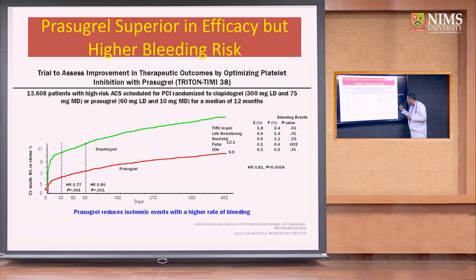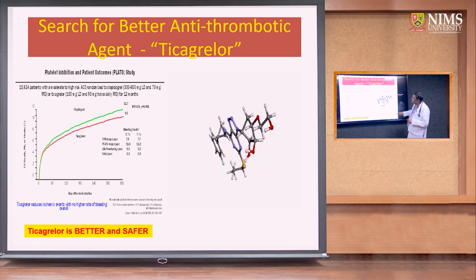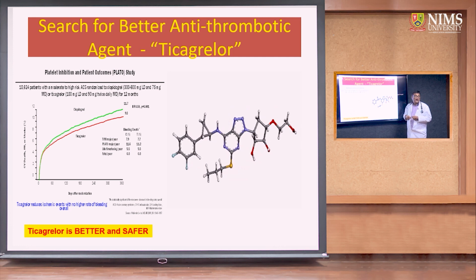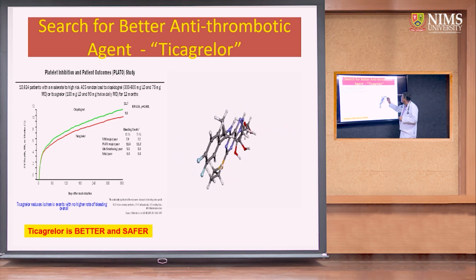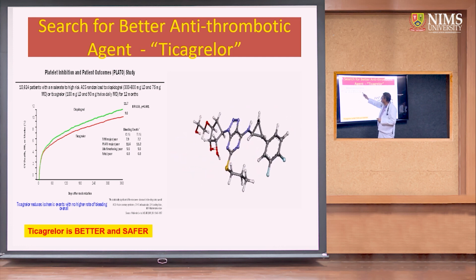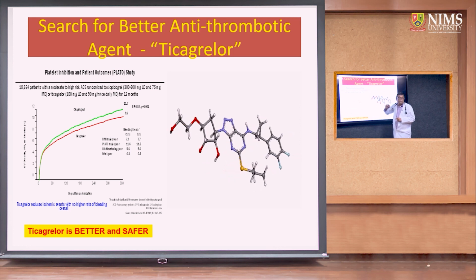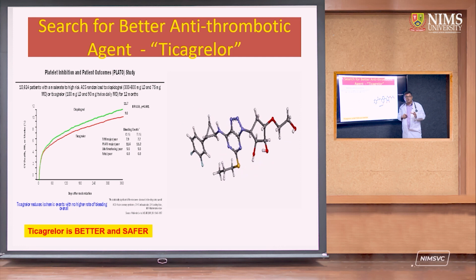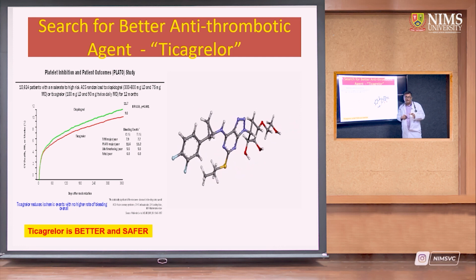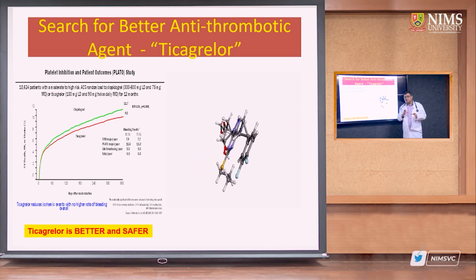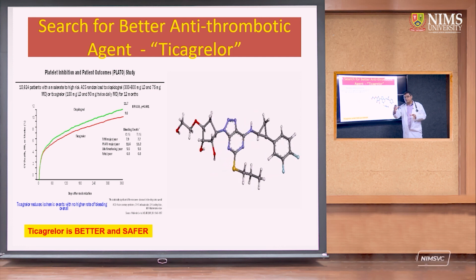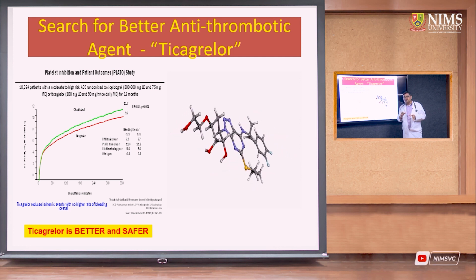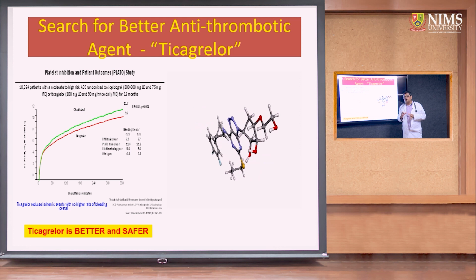Next, still the search goes on, and a newer drug has been identified, and that is ticagrelor. The problem with prasugrel was that bleeding risk was very high. So we required a drug where antithrombotic action was better, but bleeding risk was not that high.